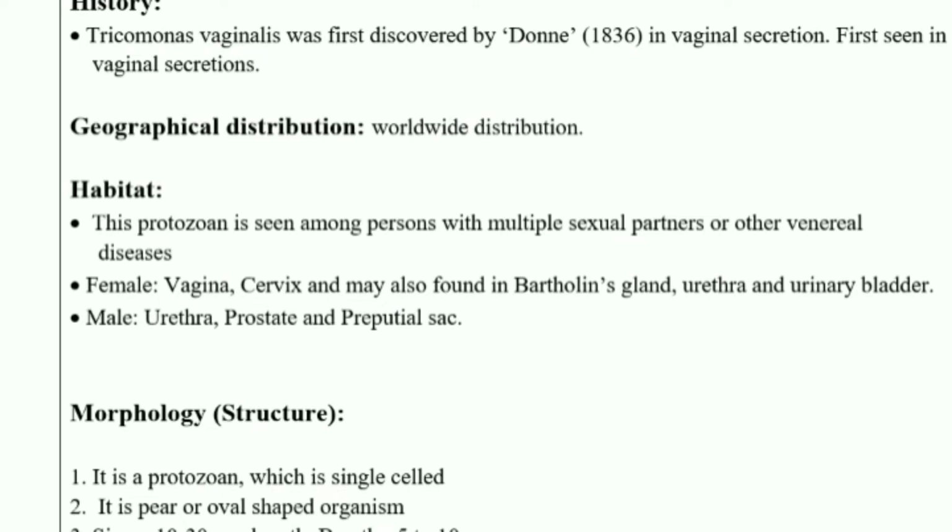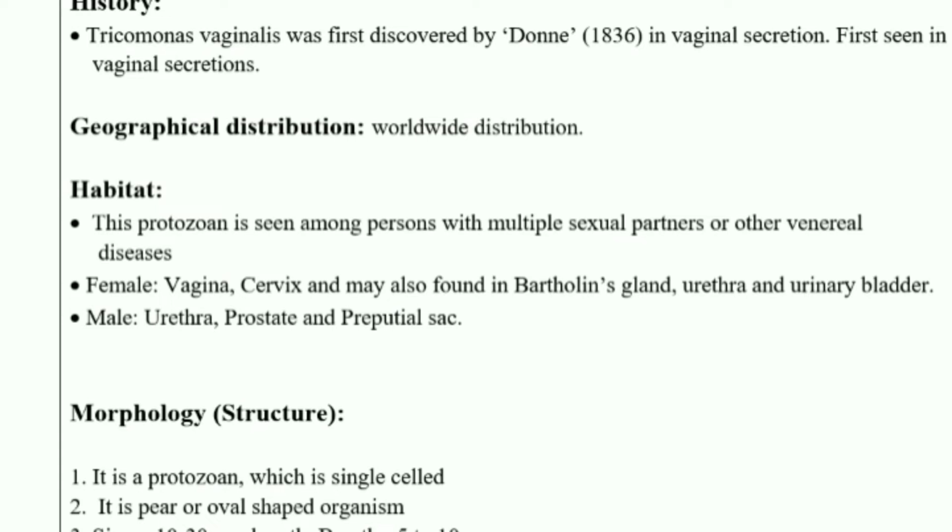This is where this parasitic protozoan was first found. Coming to distribution, it has a worldwide distribution, that means it is cosmopolitan. And coming to habitat, this protozoan is mostly seen among persons who have multiple sexual partners and other venereal diseases, meaning other sexually transmitted diseases.